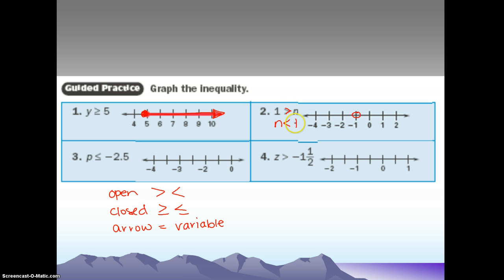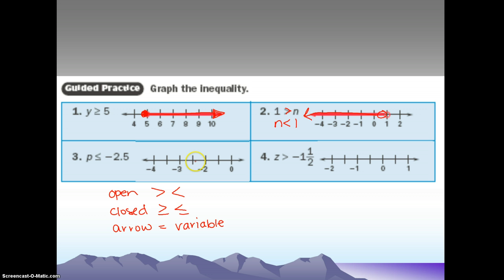That's the same problem. So N is less than, which means you're going left. Oh, and I actually did mess up there. You can see that I put it at -1. Make sure that you put it at +1. And go left.